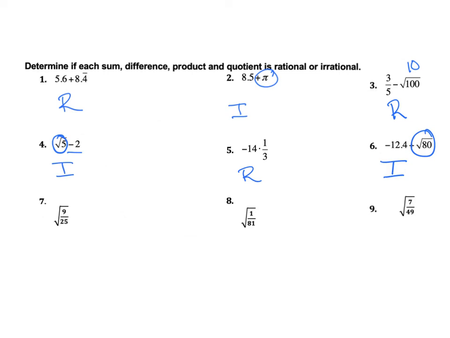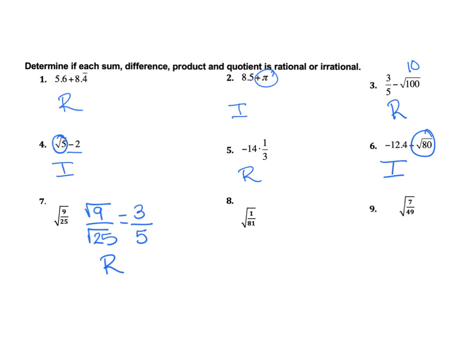This can be written as the square root of 9 all over the square root of 25. The square root of 9 is 3, because 3 times 3 is equal to 9. And 5 times 5 is equal to 25. Because this simplifies down to 3/5, this is going to be rational.